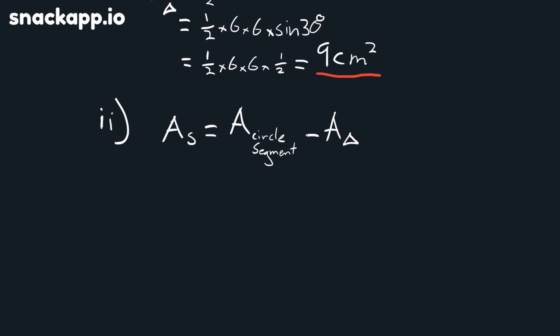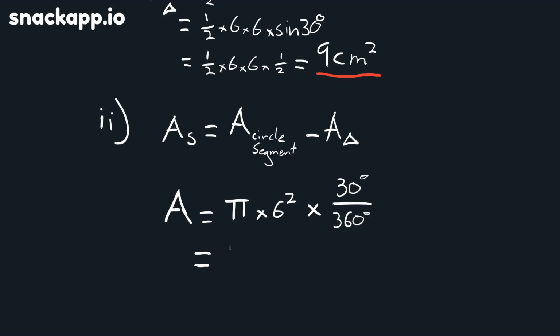So to do that, we just take the area of the whole circle times the angle of that segment over 360. So the area of the whole circle is pi r squared, and r is just going to be 6 centimeters in this scenario. And then we multiply by the segment angle all over 360. So what we get is 6 squared, 30 on 360, which is just a 12th.